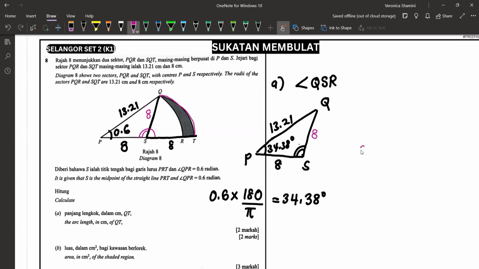Okay. Yang nak cari QSR. Bagi dengan 13.21. Okay. Equals to, teacher compare dengan yang ni Sin 34.38 divided by 8. Okay. Ni darab silang. Okay. Sin 34.38. Okay. Over 8 darab 13.21.